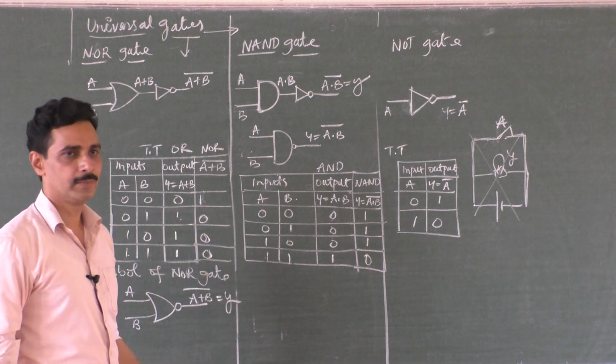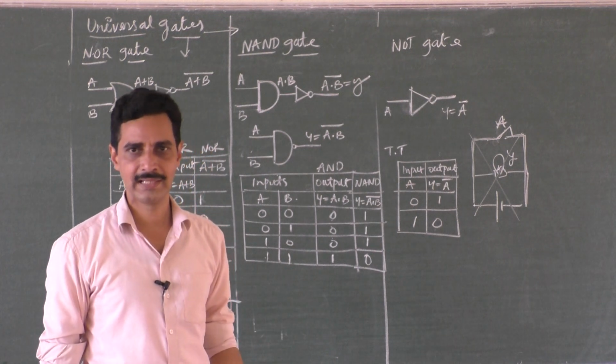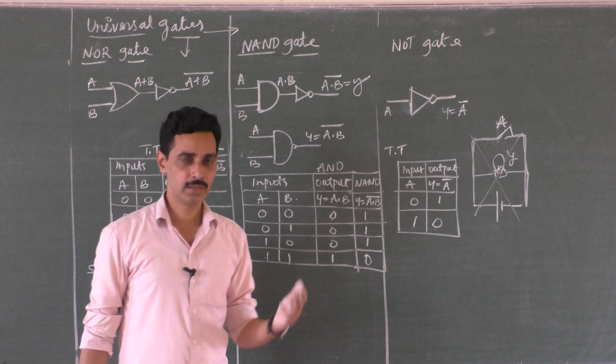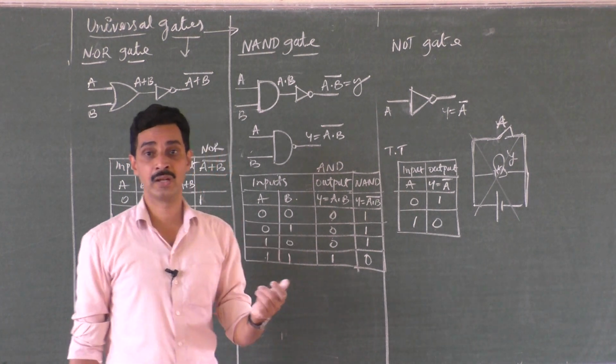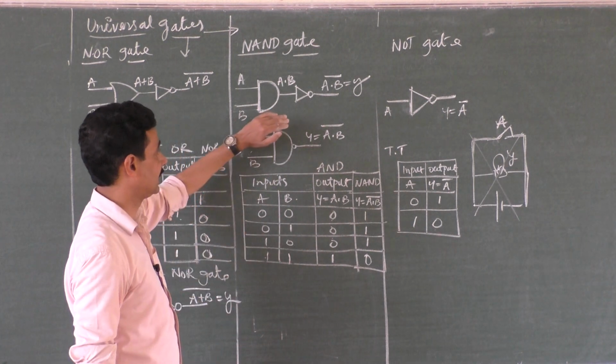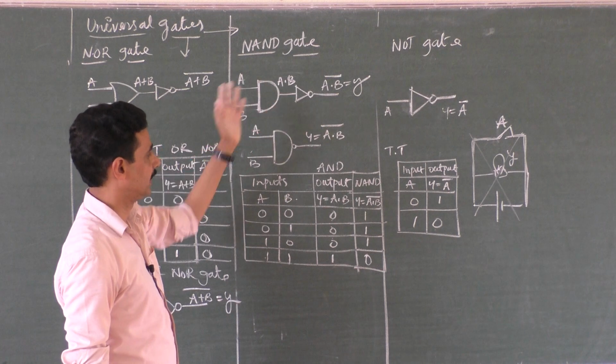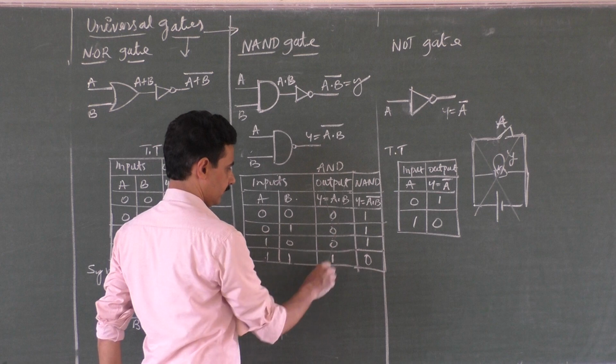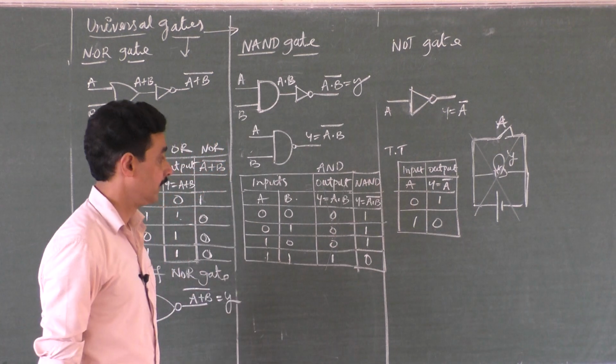Write the truth table of the NAND gate. All these questions are possible: symbol, truth table, and combinational logic circuit. How do you construct a NAND gate? Connect the output to the NOT gate and write the symbol like this.